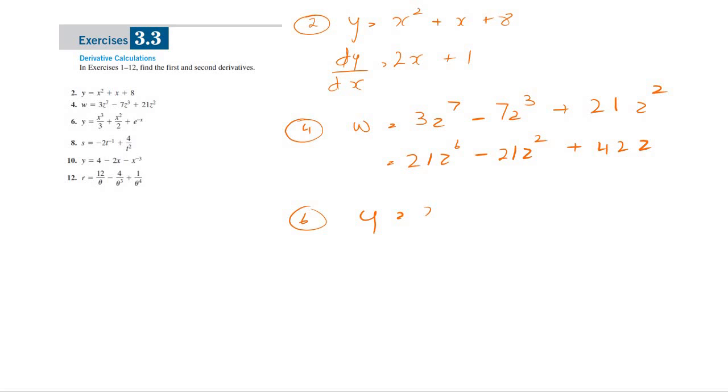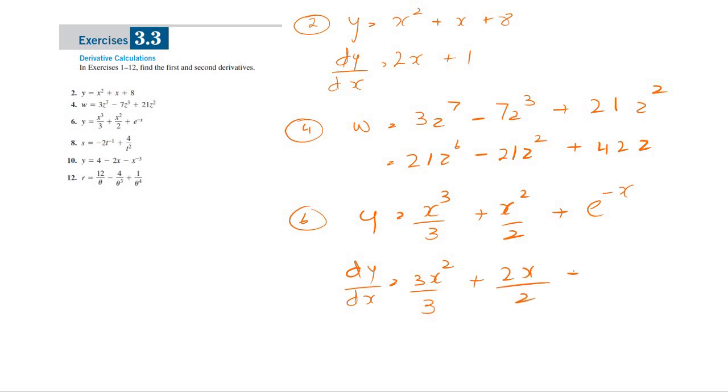Let's do 6. y equals x to the power 3 over 3 plus x squared over 2 plus e to the power minus x. So dy over dx is equal to, we use the power rule here. So we do 3x squared, we subtract 1, divide by this 3, plus 2x divided by 2, plus e to the power minus x.